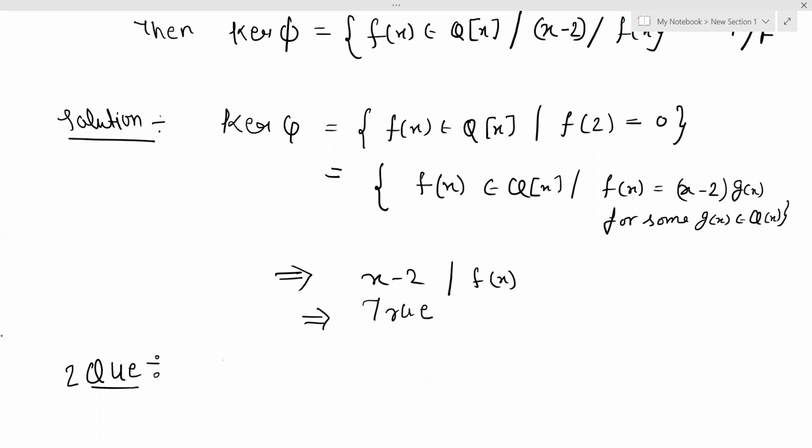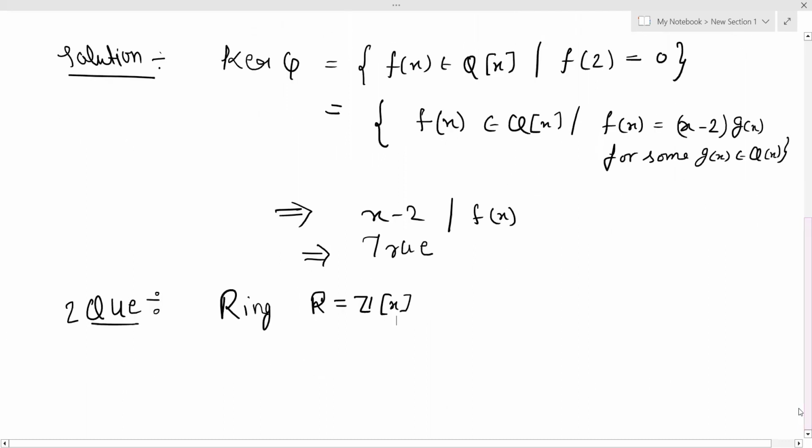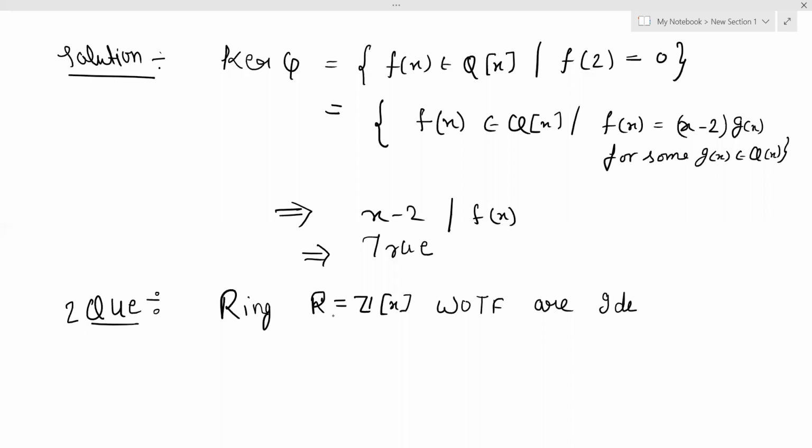So given ring R is equal to the polynomial ring with integer coefficients, we have to determine which of the following are ideals in R.